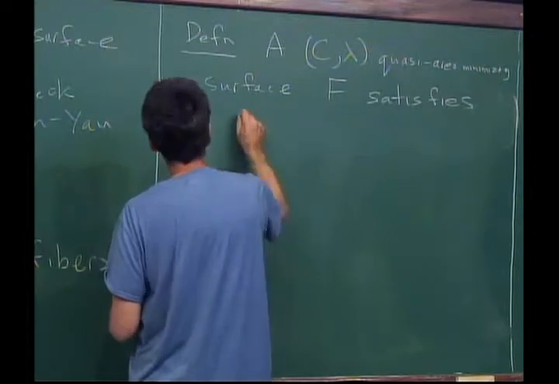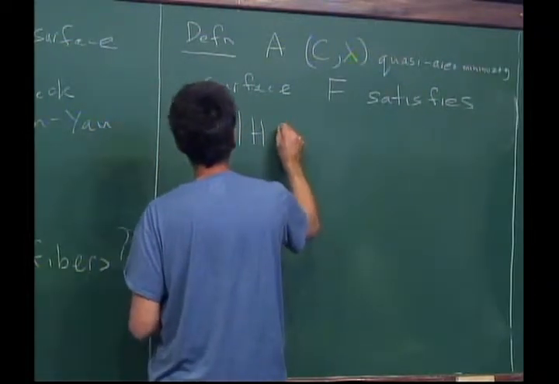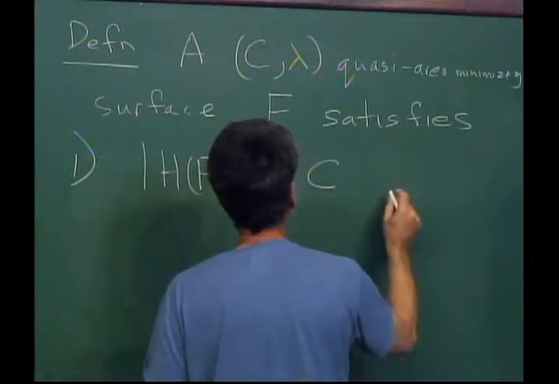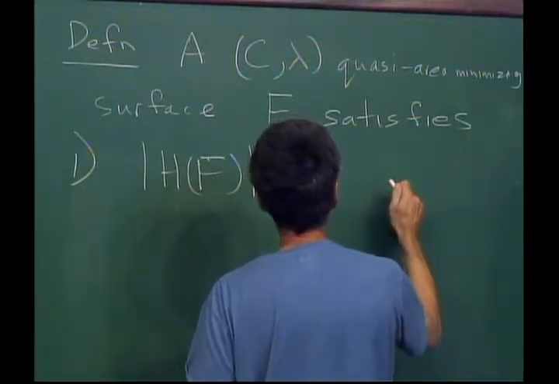The first one is that the absolute value of the mean curvature of F is smaller than C everywhere.